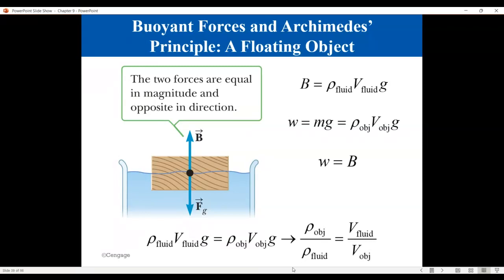I wanted to be clear what V fluid is: the volume of the fluid displaced by the object. And V object should be the volume of the actual object. So that's basically it, and we're playing around with these formulas in different ways.